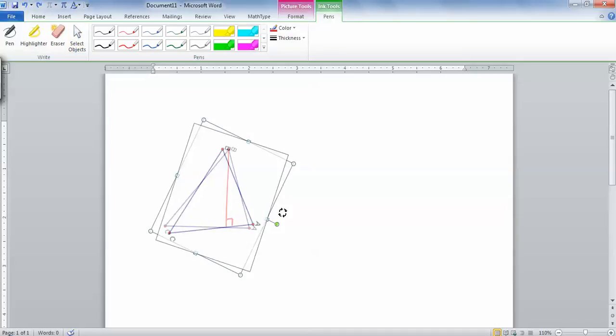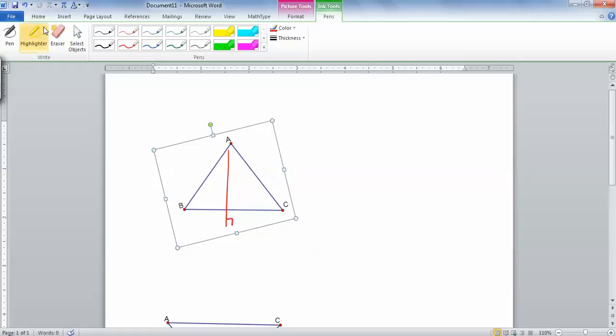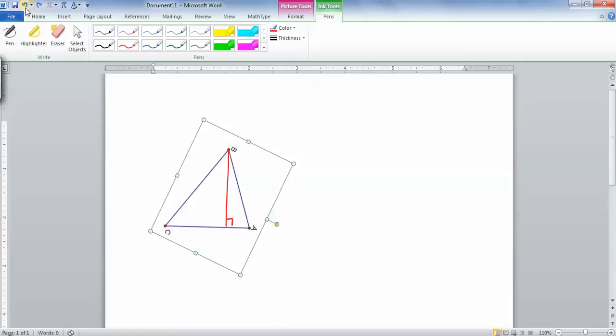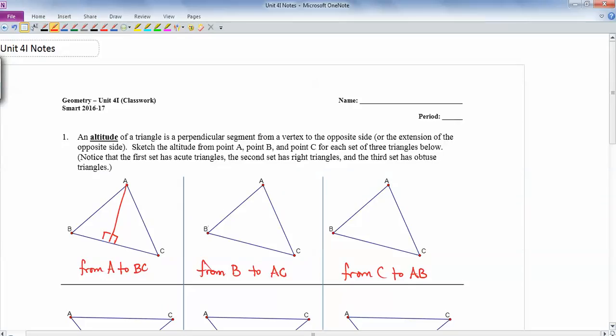The problem is I didn't rotate the diagram, the other thing. So let's see, it goes from B to AC. It's kind of close to A here. So let's go back over here. It goes from B to AC right there.